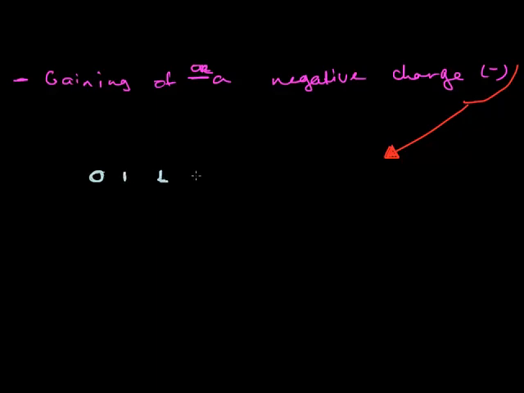I'm just going to write it out. Oxidation is loss, and reduction is gain. So this can really help you remember. All you have to remember is OIL RIG. Oxidation is loss and reduction is gain.